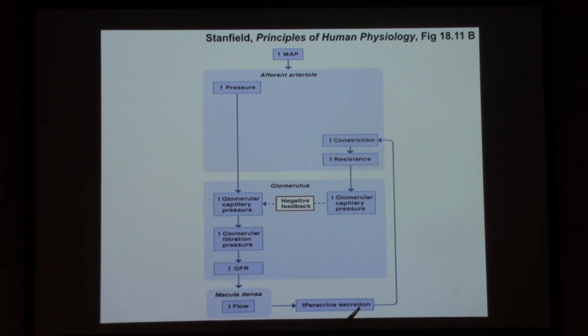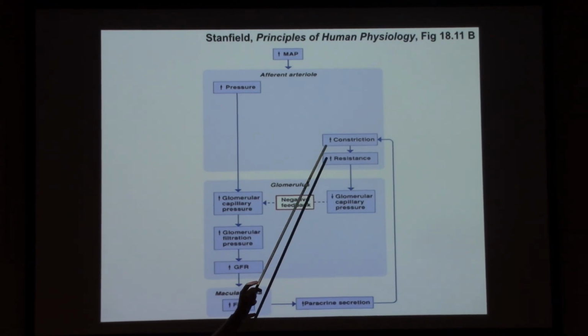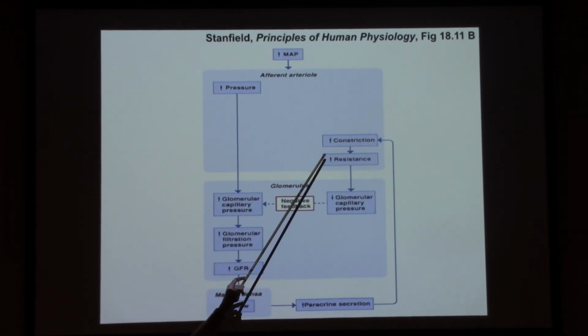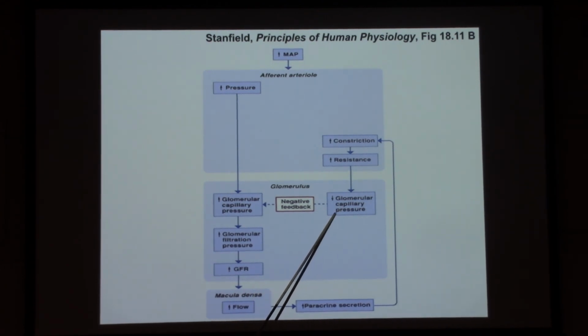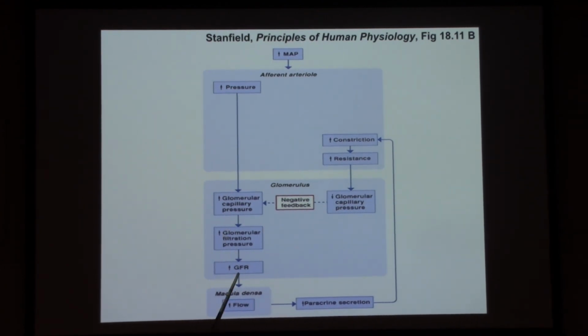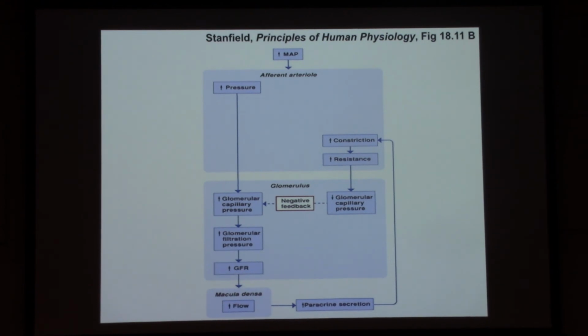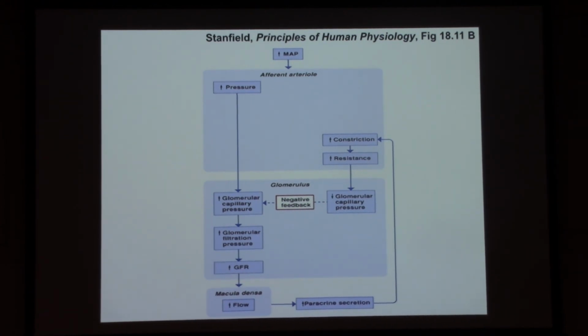Those cells release paracrines that then go and signal to the afferent arteriole, the arterioles in general, to constrict, which adds resistance to flow, which is going to decrease the glomerular pressure and then leads to a drop in GFR. So two different ways to keep GFR in check with a rise in blood pressure. So those two together can help keep your GFR nice and stable over a range of blood pressures in the body. Questions about that?